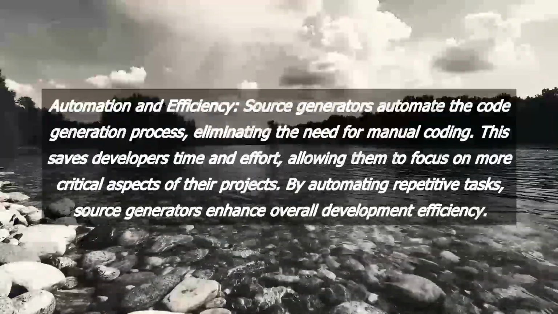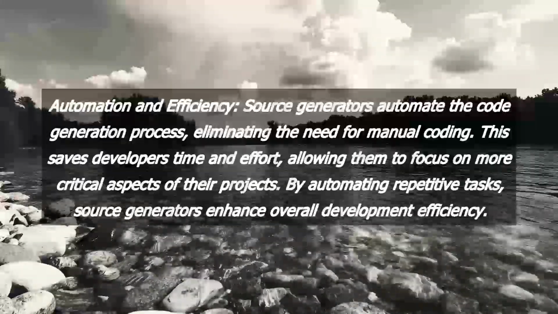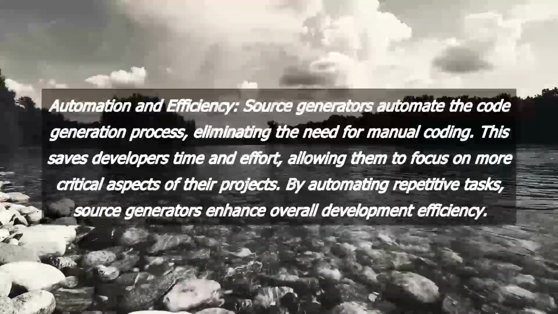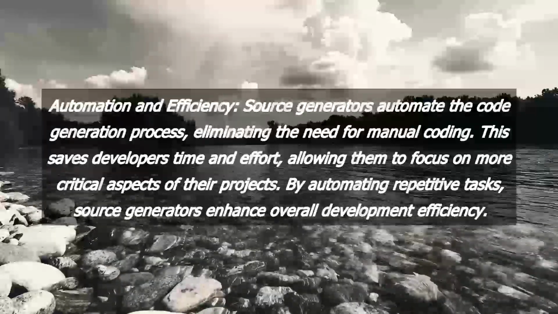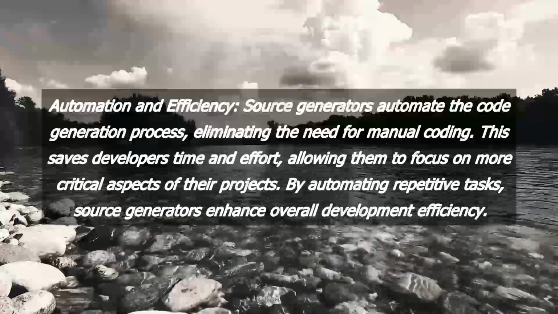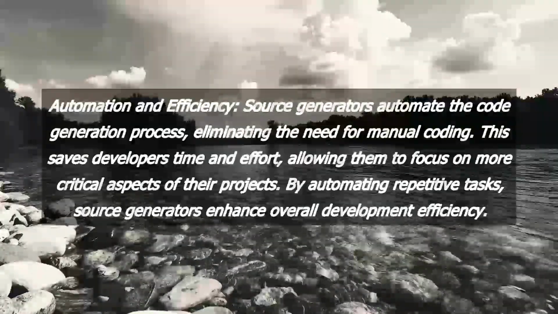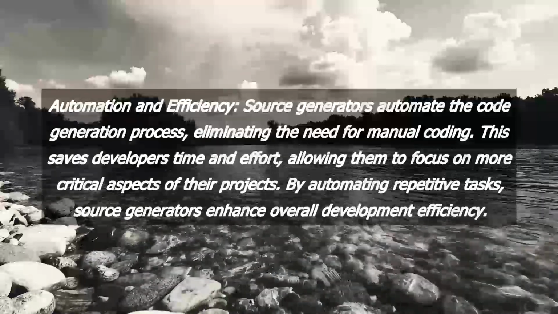Automation and efficiency. Source generators automate the code generation process, eliminating the need for manual coding. This saves developers time and effort, allowing them to focus on more critical aspects of their projects. By automating repetitive tasks, source generators enhance overall development efficiency.